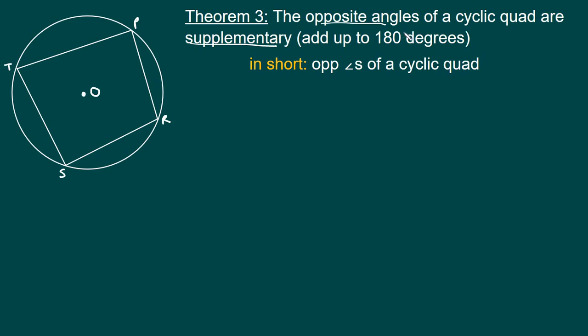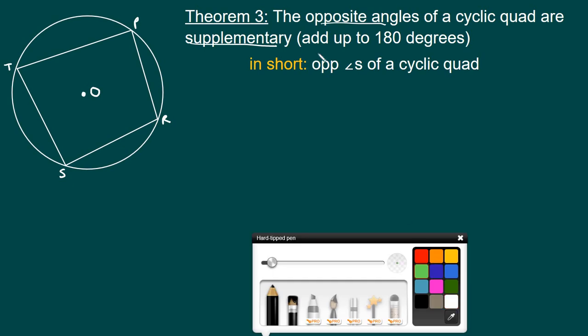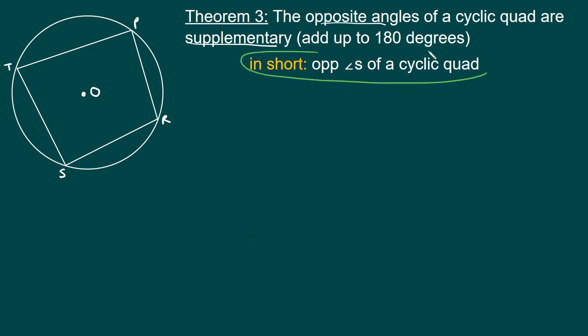I could not put a degree sign there, I had to write it in words, but they add up to 180 degrees. So when you're using the theorem, or in short, we're just saying that the opposite angles of a cyclic quad are supplementary, but you write it like this when you are using the theorem, which is what we are still going to go through during this cross night.